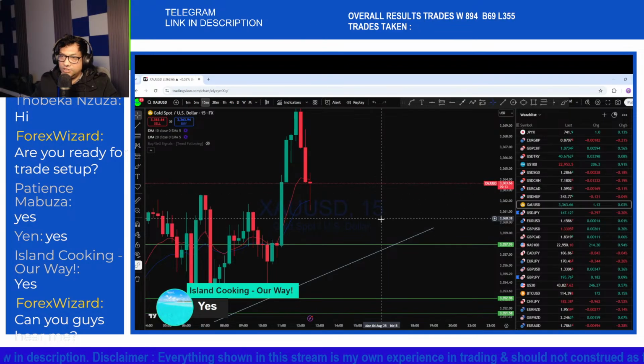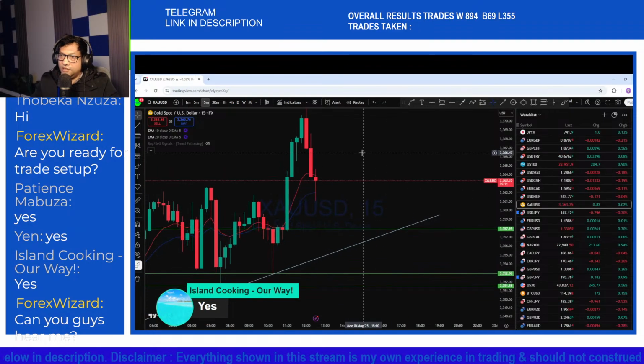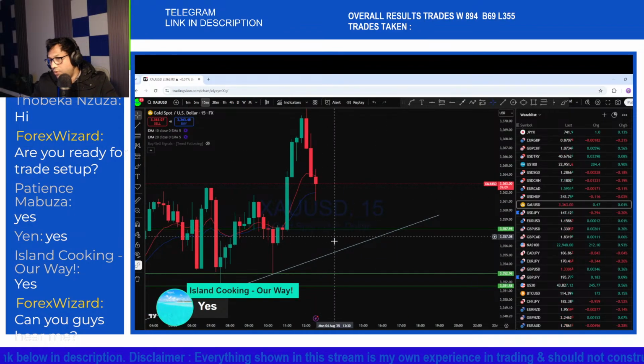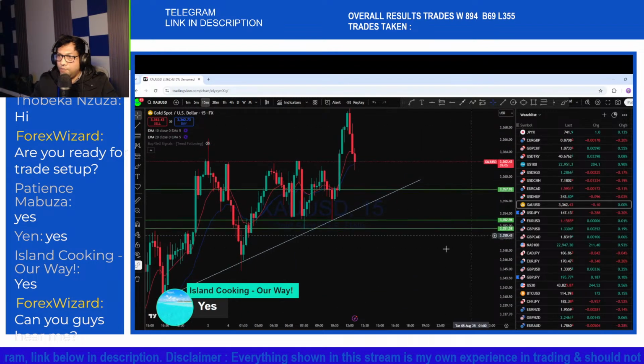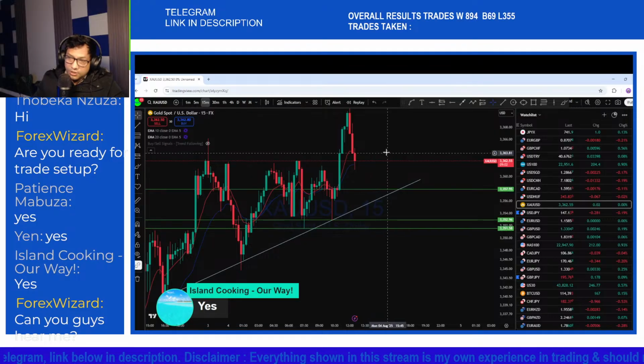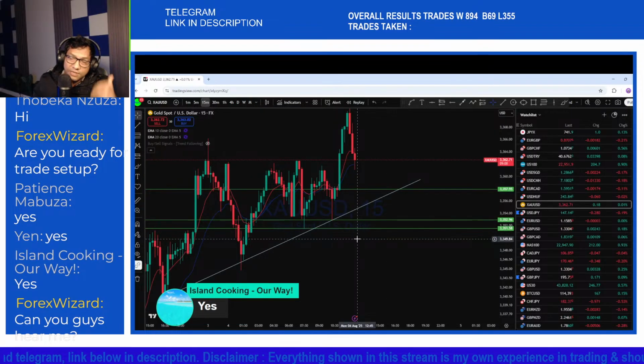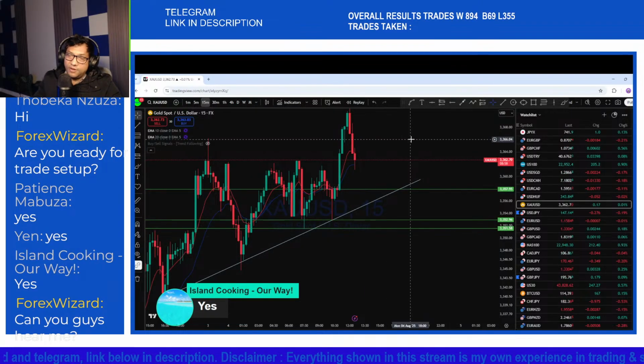You can see that this is a 15 minutes candle, and what I think is that ultimately we might see the market return back again into the support, and then reject back to the major direction of the trend.